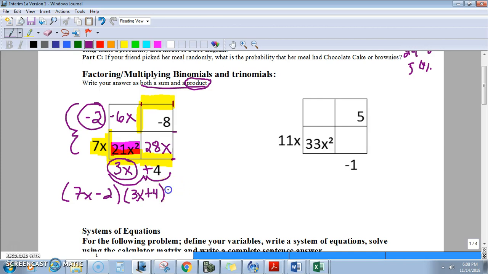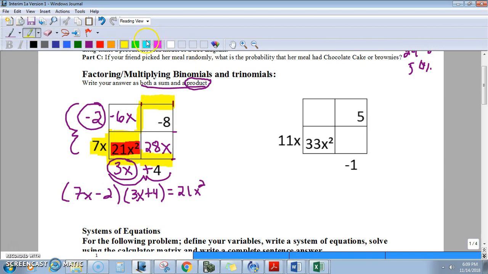So the product is equal to, now we need to add up the insides. We have to combine our like terms. So I'll just keep this here in yellow, that 21x squared, there's nothing else that is x squared, so that is just going to stay as 21x squared.